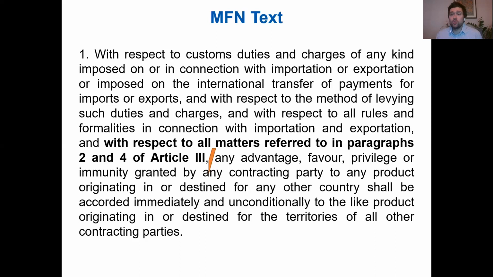Same applies to domestic regulatory measures under Article 3.4. So we could not introduce the discrimination in the field of regulatory measures, because we will go contrary to Article 1 if we start discriminating foreign products based on their origin. If we say, I don't know, German cars could be sold in any of the distribution centers in Russia, whereas China's cars or US cars could only be sold in 5 distribution centers in the most distant parts of the country.